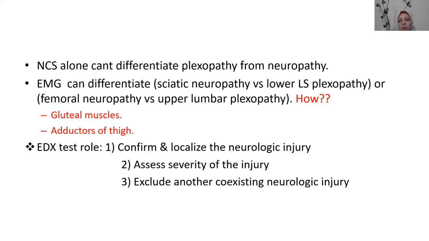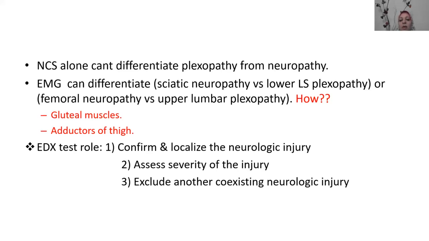It is often difficult for the electrophysiologist to localize the level of injury at the plexus level, as the symptoms of the patient may be vague and inconclusive. Also, there is similarity in the presentation between plexopathy, radiculopathy, and sometimes peripheral neuropathy.